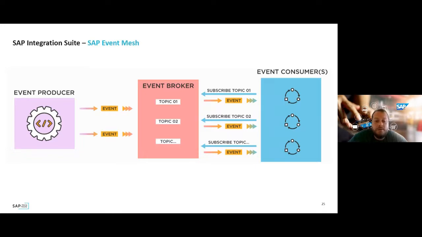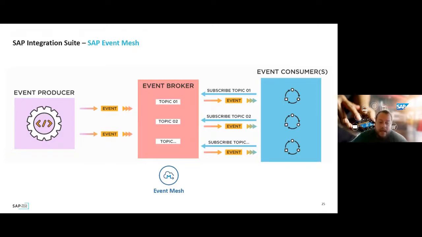You have your event broker working with topics to organize your events. And then you have the event consumers, right? Those event consumers can subscribe to a specific topic and receive those events when those events are triggered. This event broker in the SAP universe is named Event Mesh.